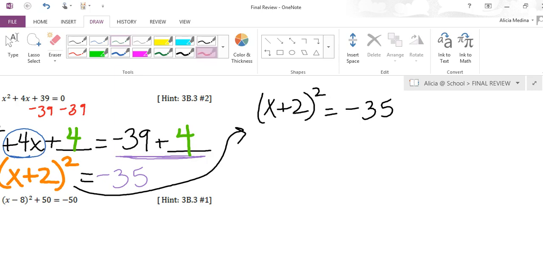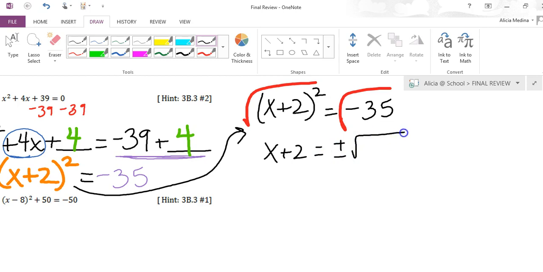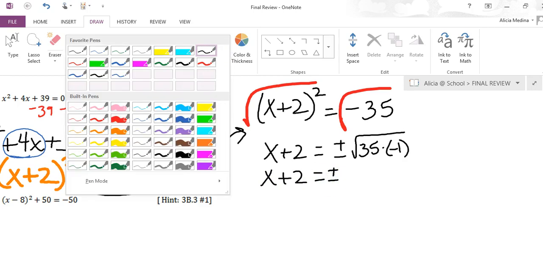Taking the square root, I'm going to be left with x plus 2. This is going to be a positive or negative square root of 35 times a negative 1. Remember, we don't like negative signs underneath our square root. So x plus 2 is going to equal a positive or negative, and I'm going to remove that negative and replace it with an i.